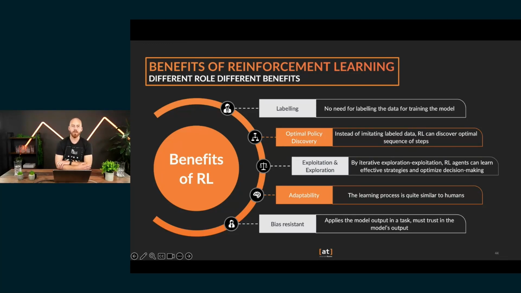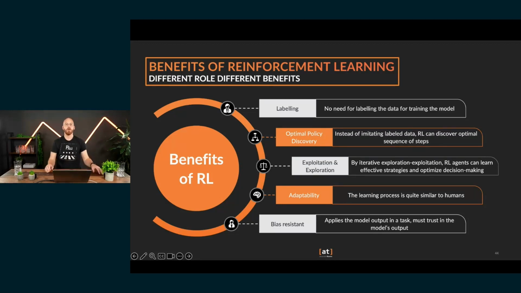And then, of course, because of the exploration trade-off, we can find solutions that might not have the best outcome in the current situation, but will lead to a higher reward in the future. So we will also explore different scenarios that lead to a long-term goal.